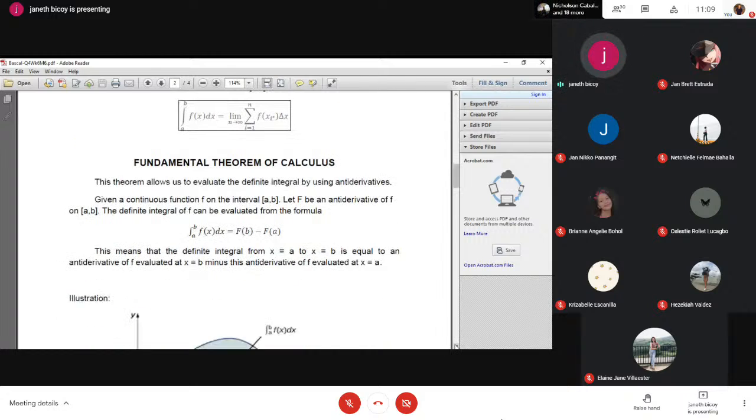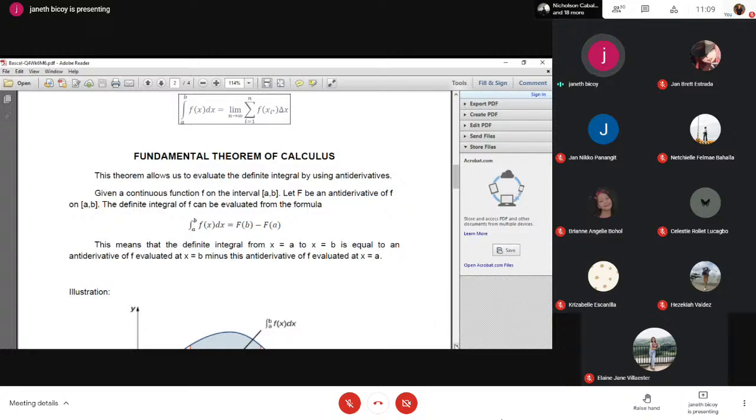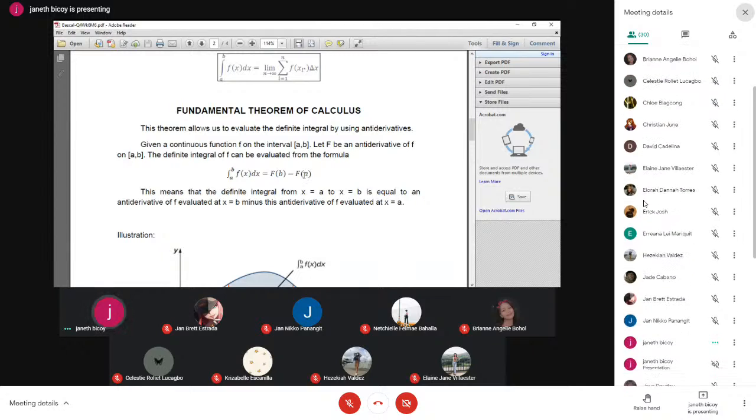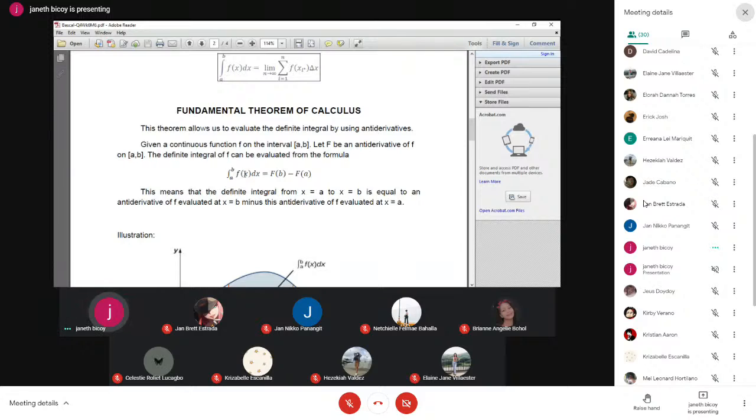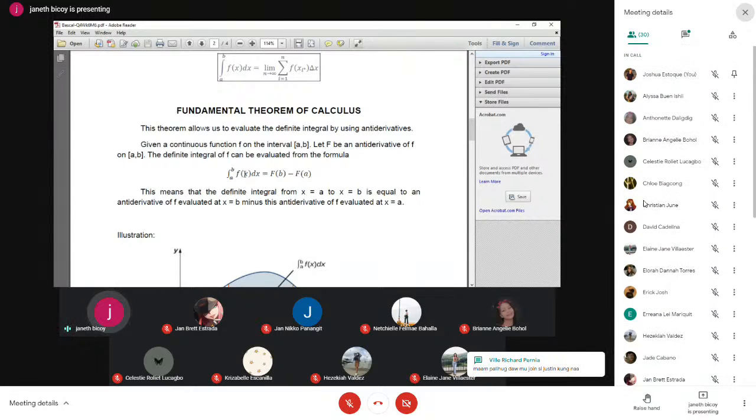What we are going to discuss this time is the concept on the fundamental theorem of calculus, or the FTOC. Now, the purpose of this is how are we going to evaluate the definite integral? If we have this notation, the integral of f of x dx evaluated from a to b, this is just equal to the antiderivative evaluated at b minus f of a. Take note, the integral is the reverse process of derivative.